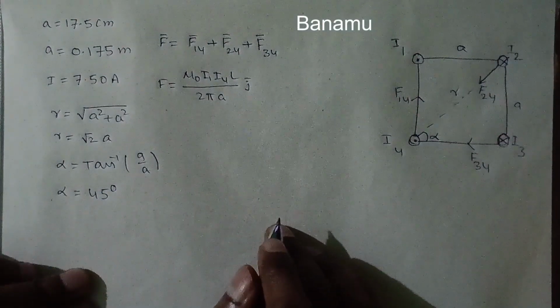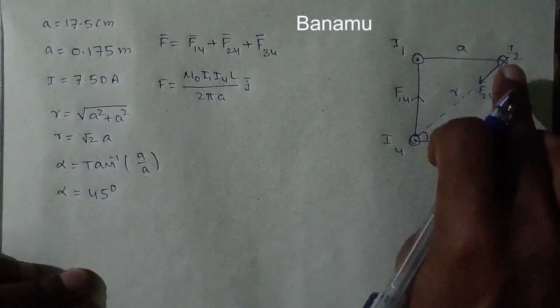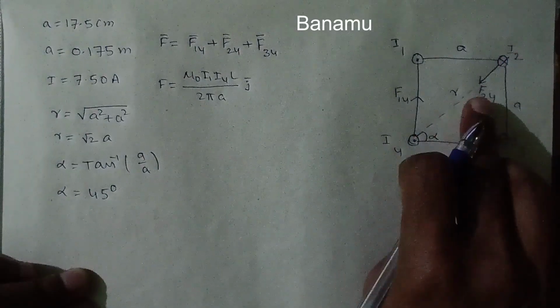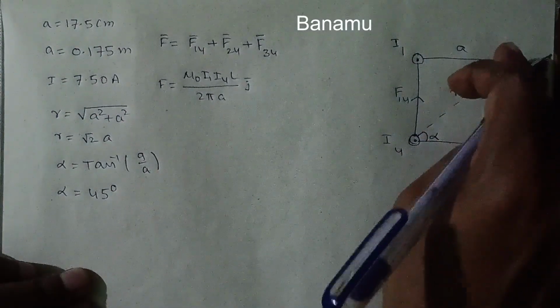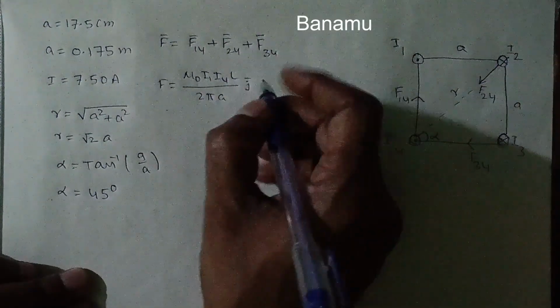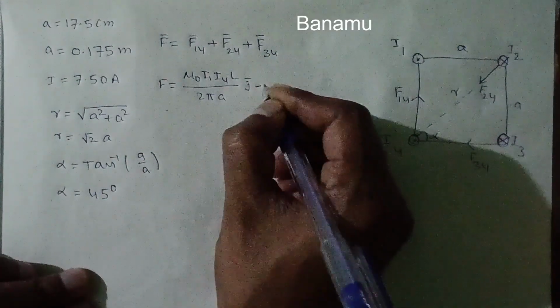And the magnetic force due to wire 2 on wire 4 is F24. F24 is directed downward and left, so we take the negative sign.